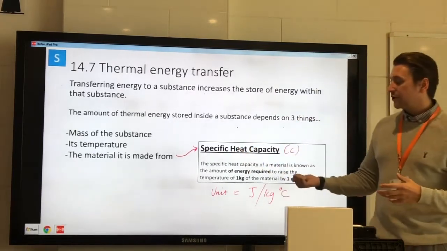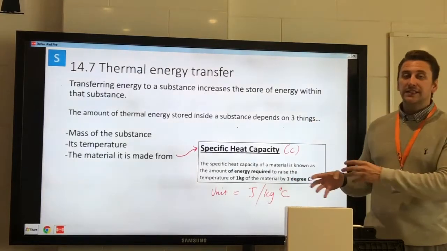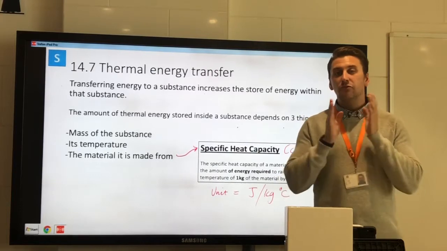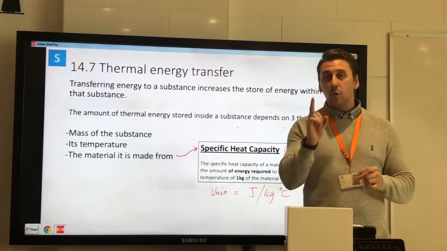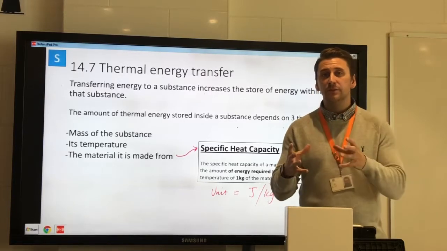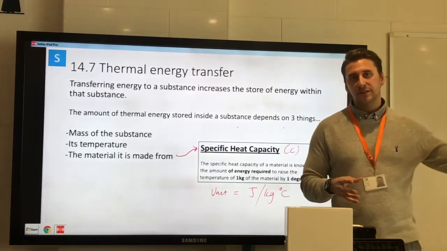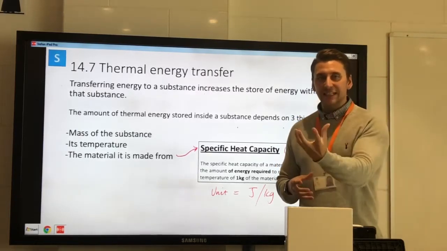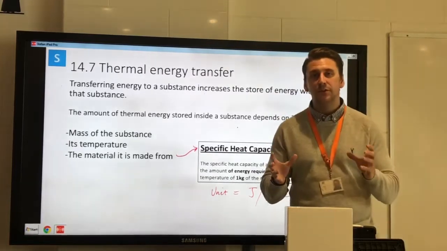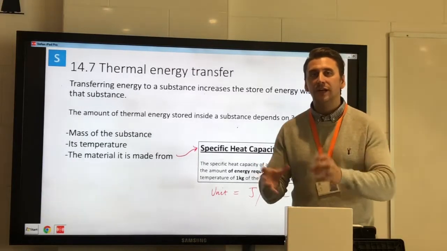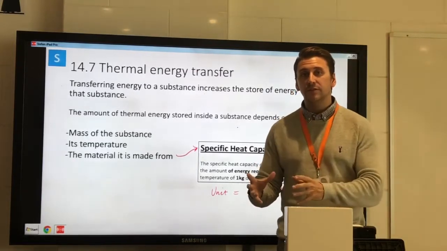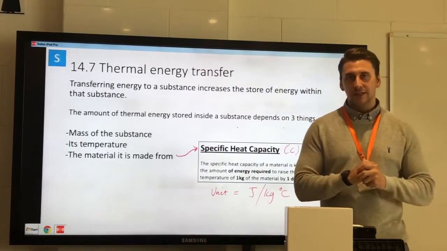The definition of specific heat capacity is the thermal energy required to raise the temperature of 1 kilogram, and that is important, 1 kilogram of a substance by 1 degree Celsius. So it's the energy needed to change temperature. Specific heat capacity is about changing temperature. How much energy is required to change the temperature of just 1 kilogram of a substance by 1 degree Celsius.